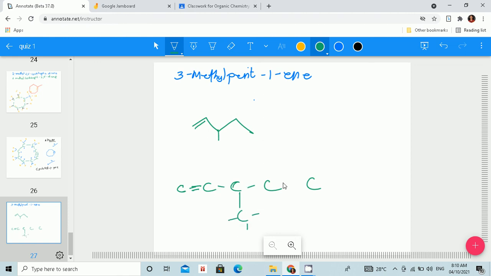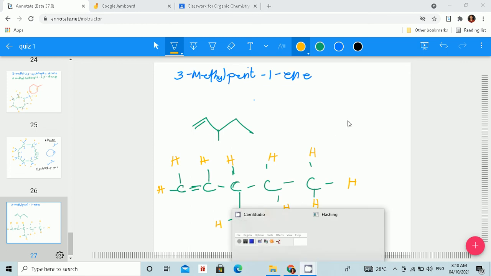And then this one, okay, 3, then this one. We have 1, 2, 3, 4. Okay. So we have this one as our structure. Then you distribute the hydrogen atoms. H, H, H, H, H, H. So this one is our 3-methyl pent 1-ine.